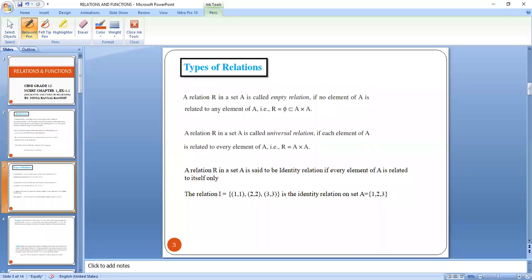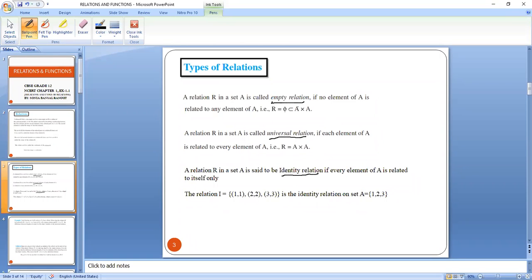Next, we will move to types of relations, which is the topic of your +2 standard now. What types of relations are there? You will be having different types of relations, right? Mainly we are discussing empty relation, universal relation, and identity relation.